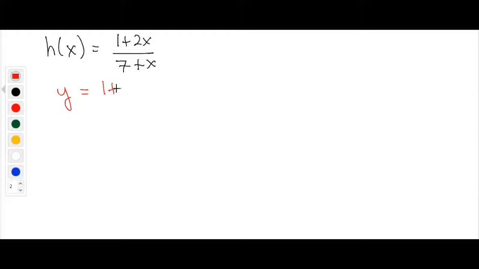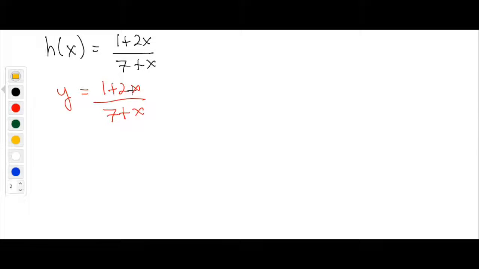So we're going to do one more problem, and it's going to be an even weirder function. We're going to call it h of x equals (1 plus 2x) over (7 plus x). Now we're going to call this y, so y equals (1 plus 2x) over (7 plus x).